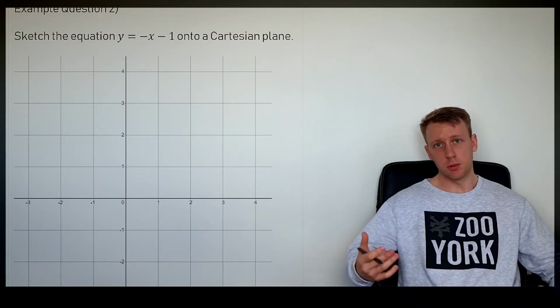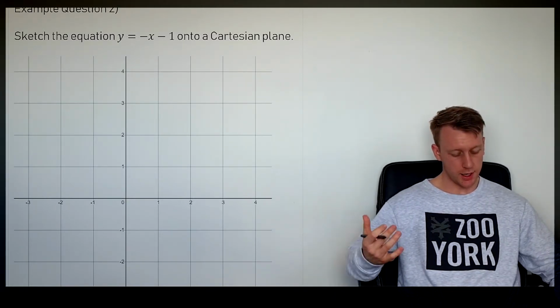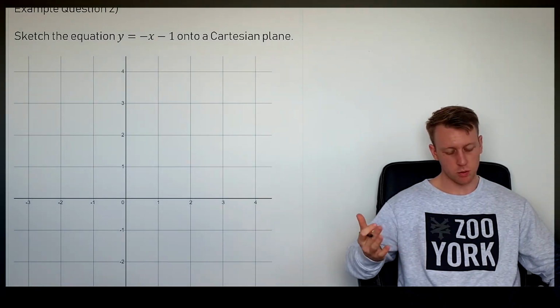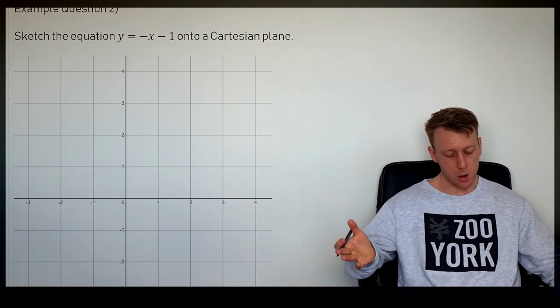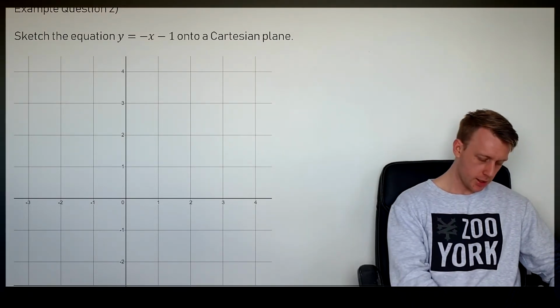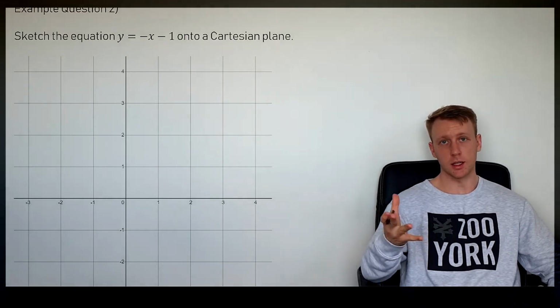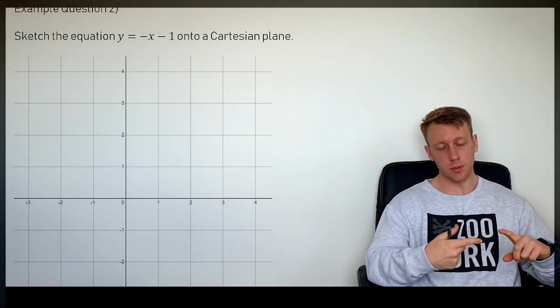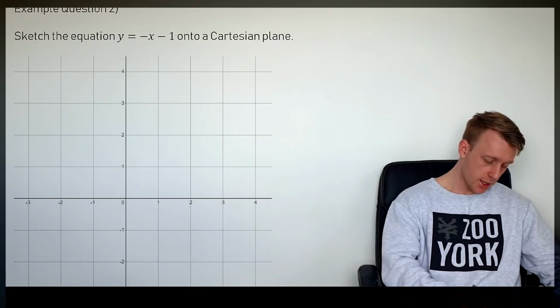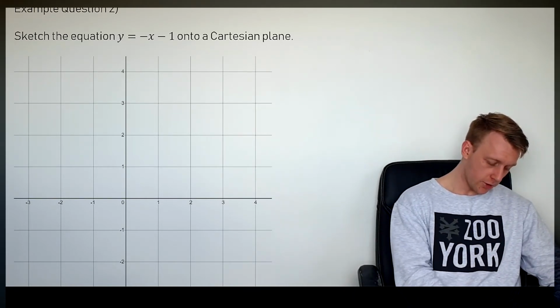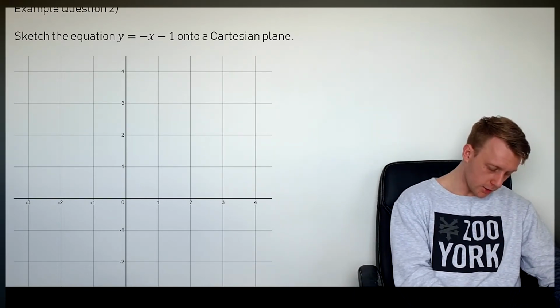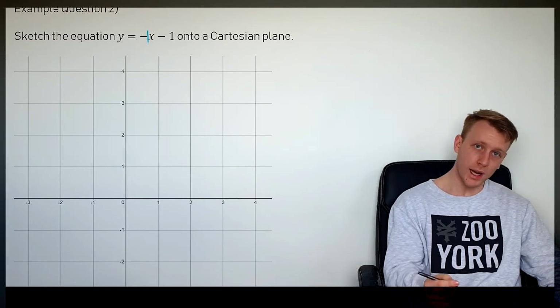Now, I do encourage you to pause the video here and see if you can give this one a crack, where you're going to sketch y equals negative x minus 1. Now, assuming that we've given it a go, let's have a look at identifying what is the slope and what is the y-intercept. Here we can see we've just got negative x, but there's a little invisible 1 there.